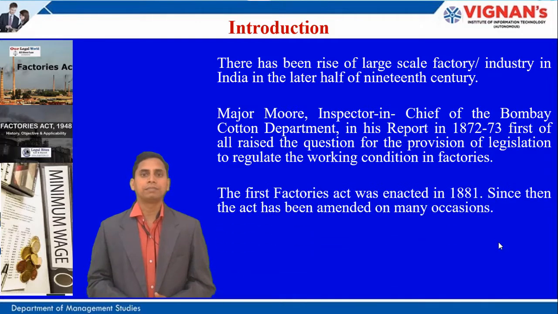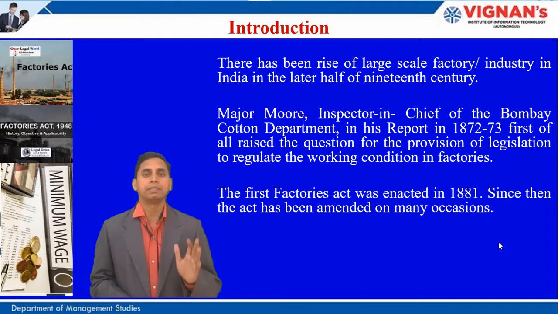After that, the Factories Act was enacted in the year 1881. Since then, there have been many amendments to this act, for the fine-tuning and betterment of the workers who are working in the factories. The 1881 Factories Act has been made the base for all these provisions and modifications.